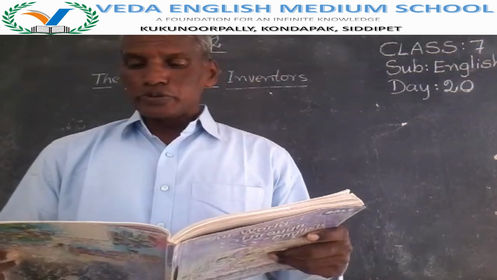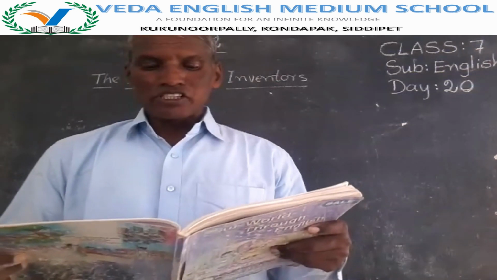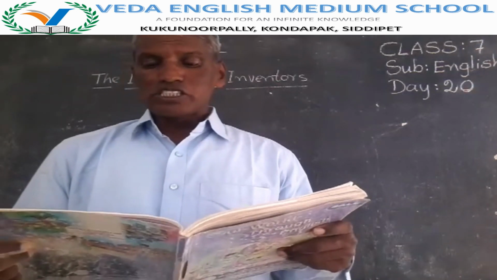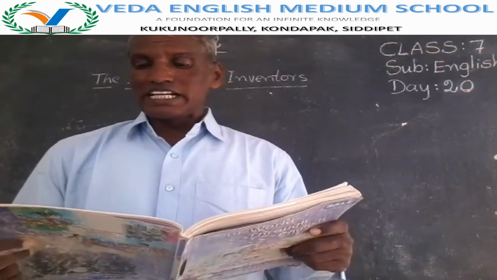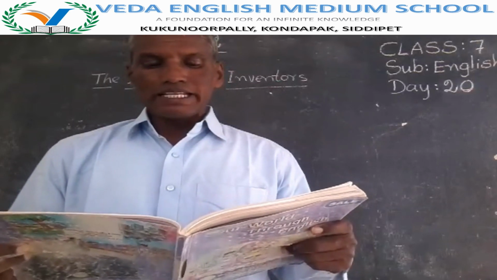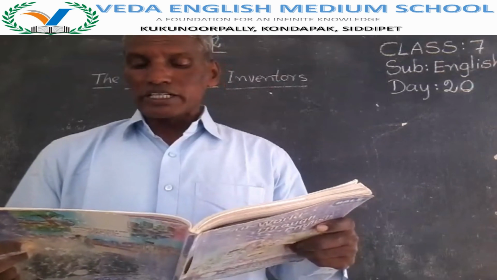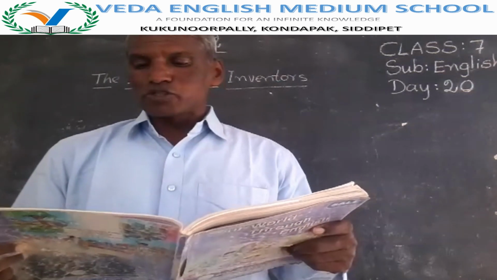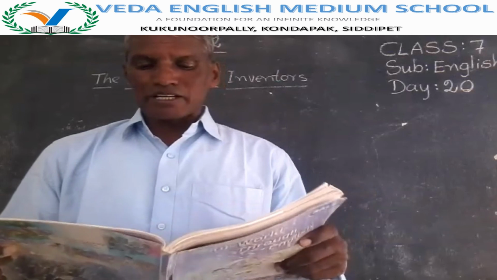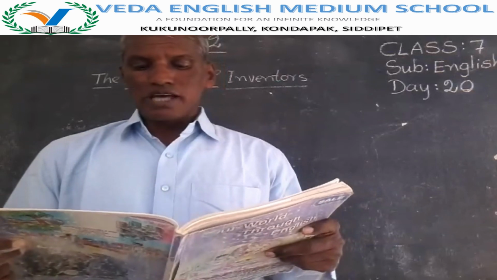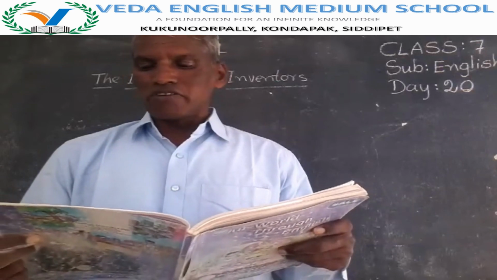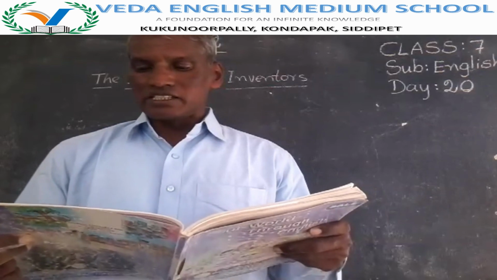In 1882, he set up a power generating station which supplied power to a few residents of New York City. Later, he developed the kinetograph, which was the first step towards motion picture camera. Cinema houses are here today because of the inventive genius of Edison.